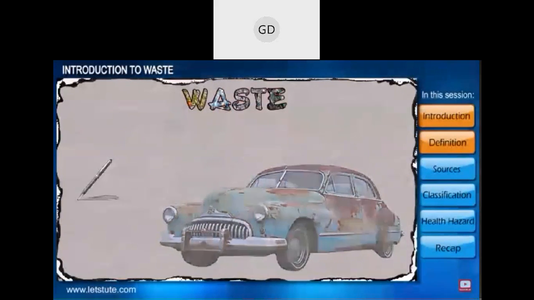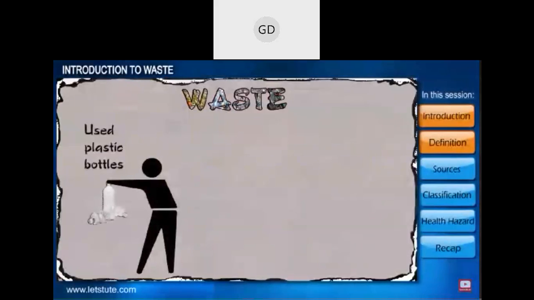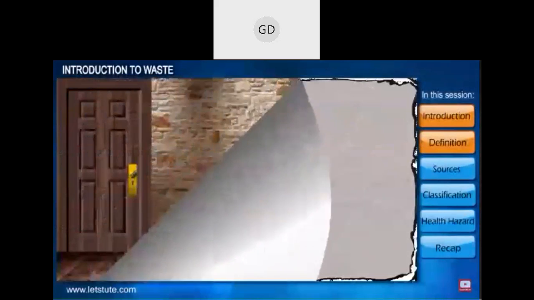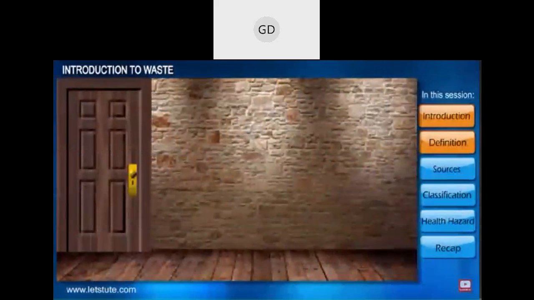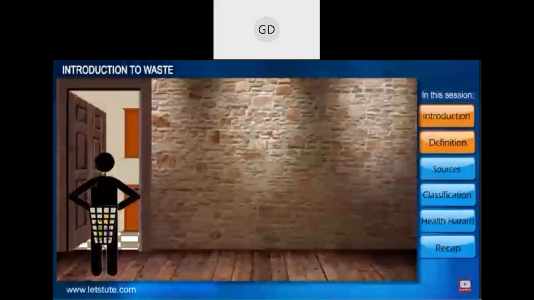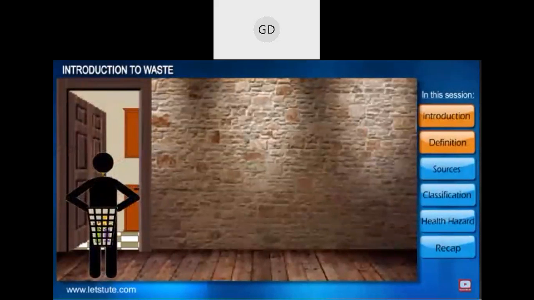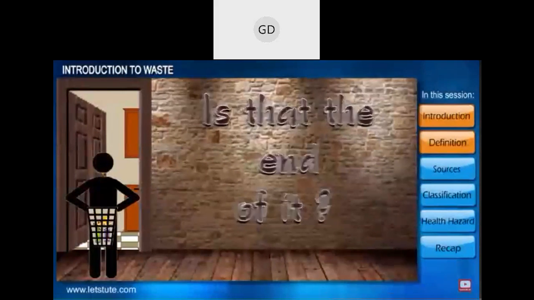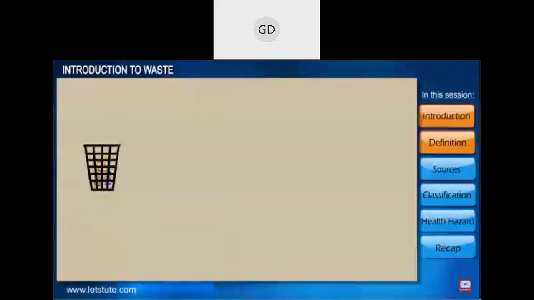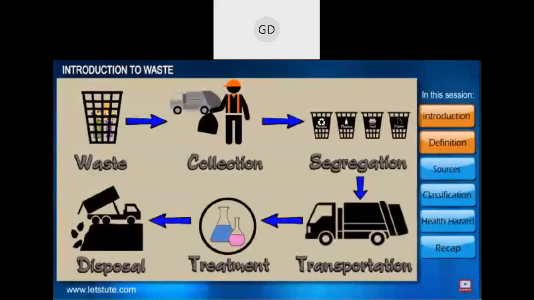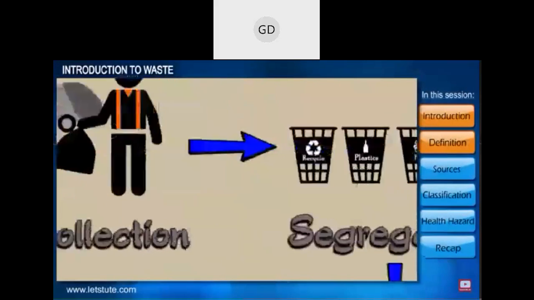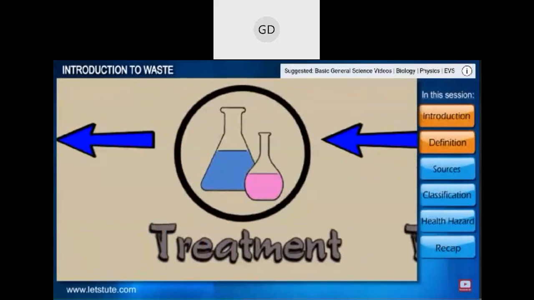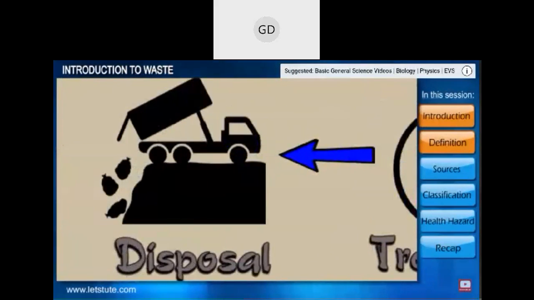Also, waste to one person may not necessarily be waste to another. We normally get rid of the waste generated at homes by keeping our bins outside the house, right? But is that the end of it? No. These wastes undergo series of processes, right from its collection, segregation, transportation. Some wastes are even treated and then finally are disposed of.